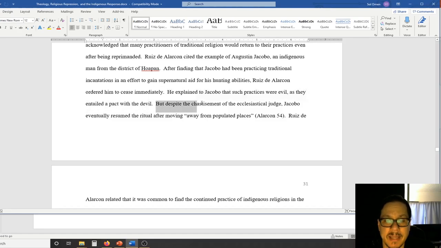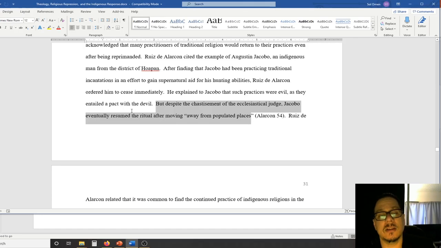But despite that chastisement of this ecclesiastical judge, Jacobo eventually resumed the ritual after moving," and I'm putting this in quotation marks, "away from populated places," meaning that he continued to practice his traditional religion away from the centers where the Spanish were, in the periphery, in those small villages that I was saying.